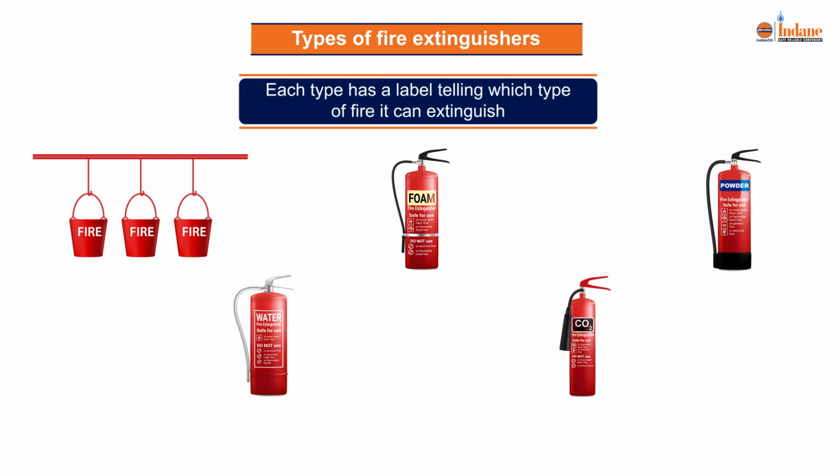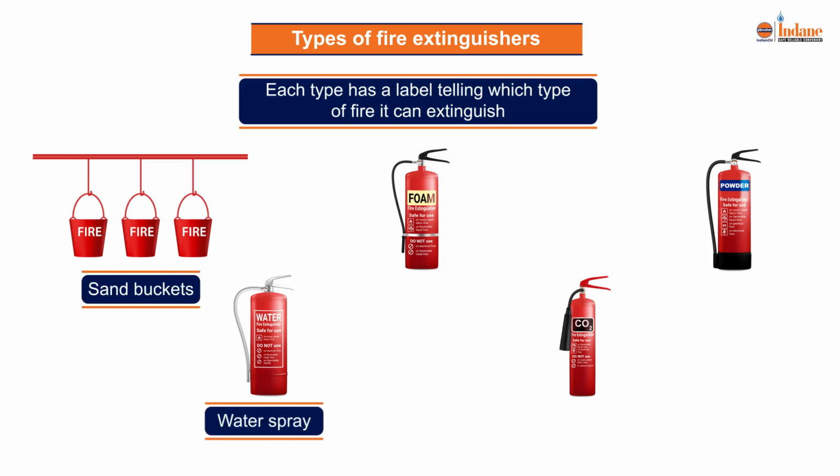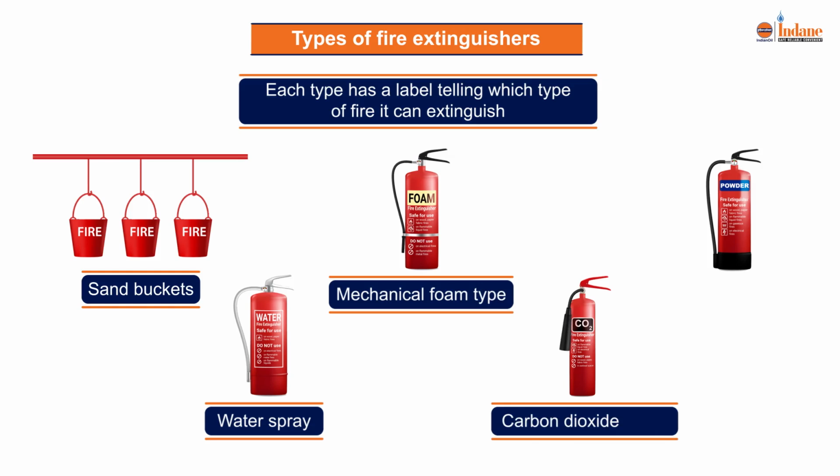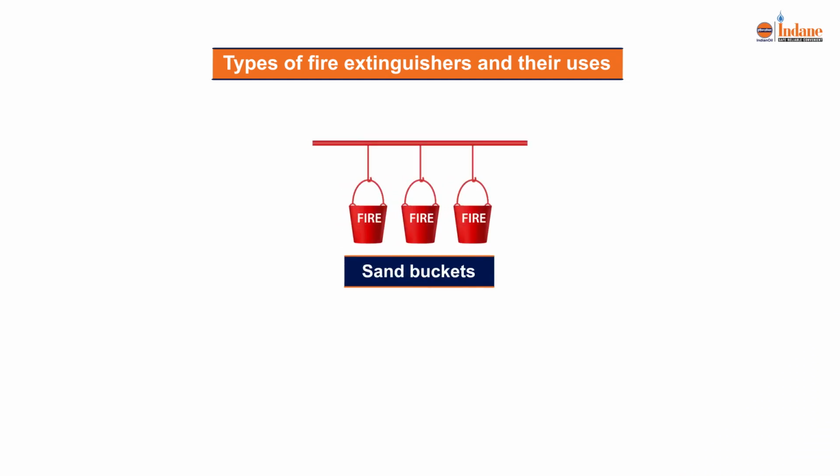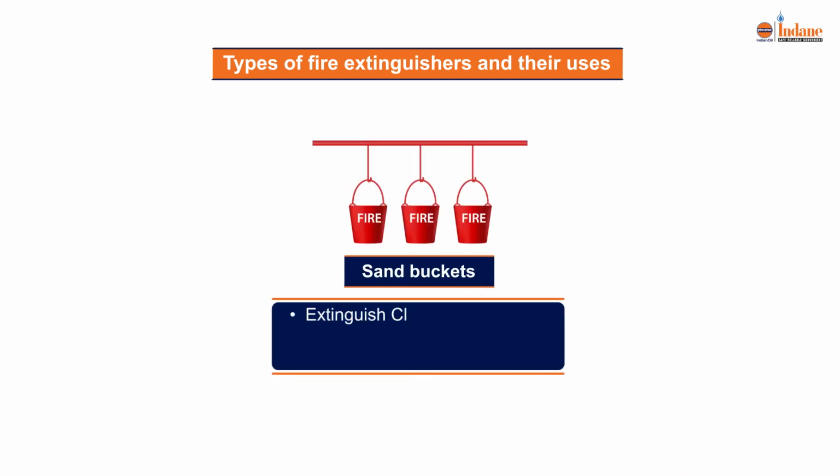The 5 most common types of fire extinguishers are sand buckets, water spray, mechanical foam type, carbon dioxide, CO2, and dry chemical powder, DCP. Sand buckets are used to extinguish Class B fires.